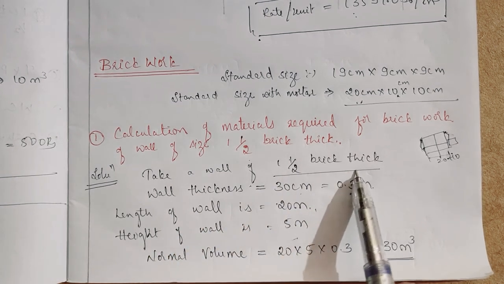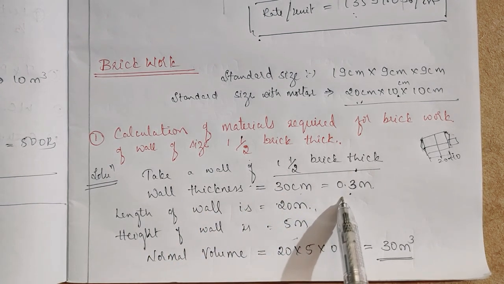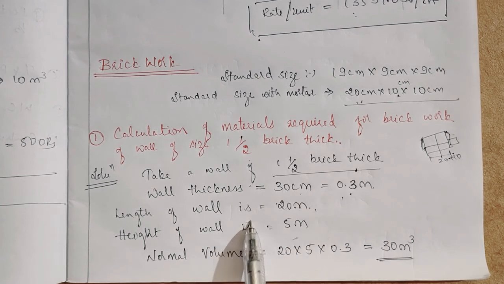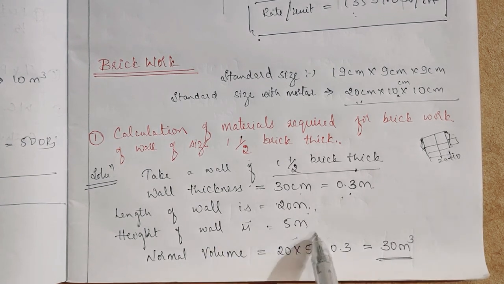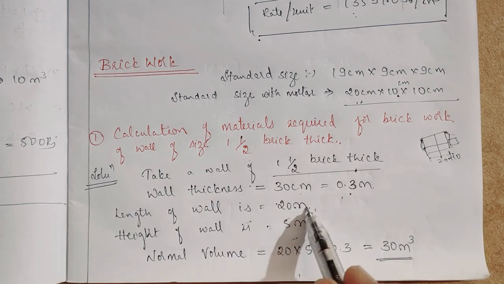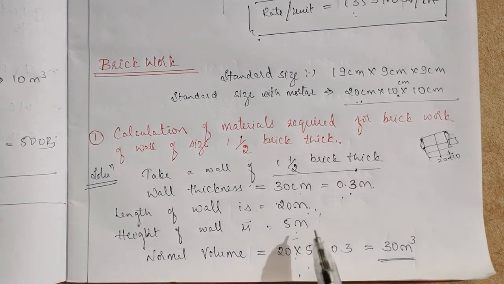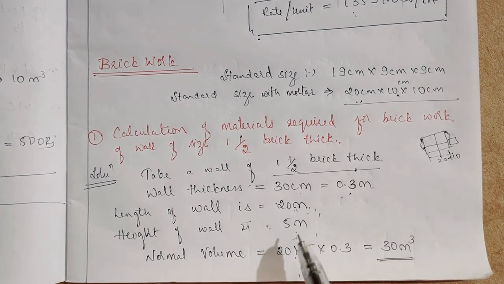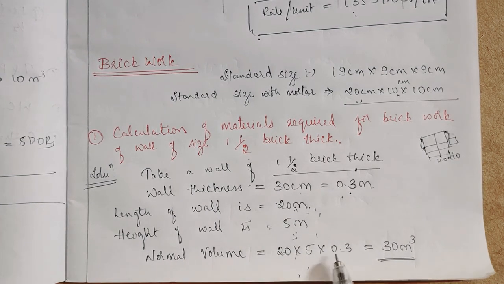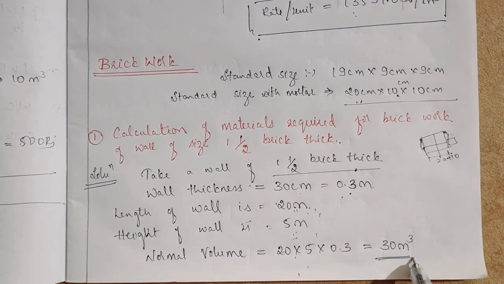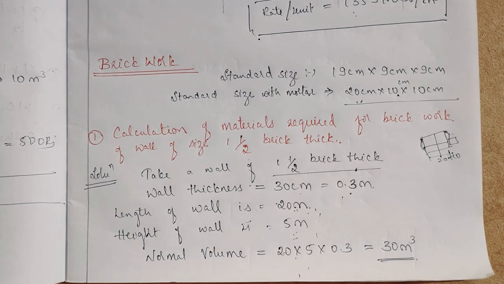The wall is 1.5 brick thick, so wall thickness is 30 centimeter. However you take it, if you consider length as 30 meter and height 3 meter, then 30 into 3 into 0.3. But our intention is to find the volume we need to carry out, in the next procedure of our solution.